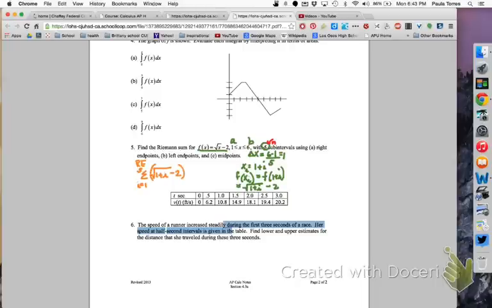There's the height of my rectangles. Remember, that's my f of x sub i, times delta x, but delta x was just 1. And so now I have to simplify this out and use my formulas for i.